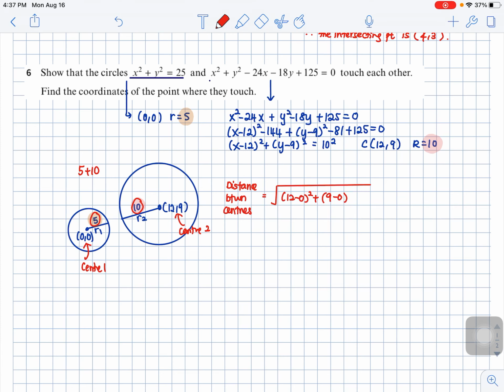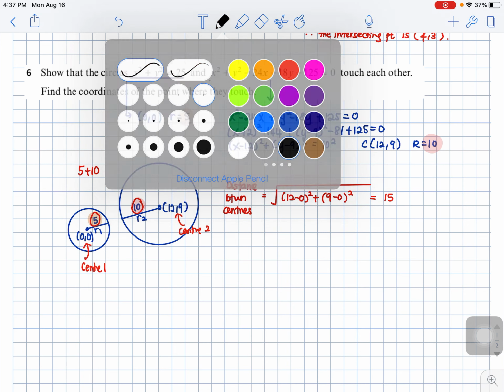Of course, I think it's easy. You will definitely get 15 over here. Therefore, you write a conclusion based on this. As the combined radius of the circles is 15, then I know the two circles do touch.